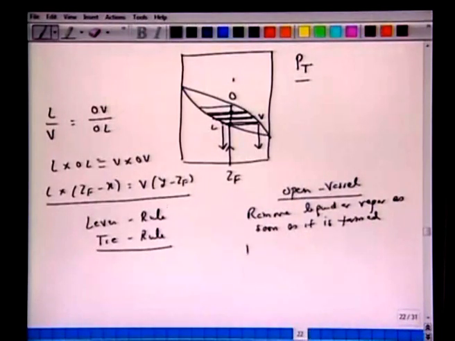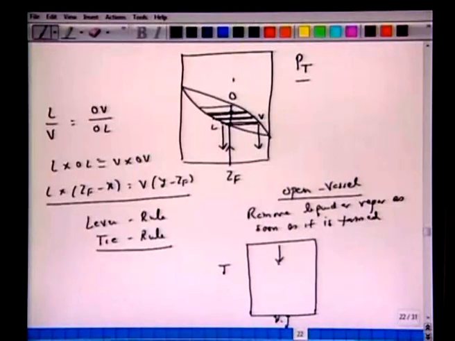It's not difficult to understand that now we have this T x y diagram. If we start with a vapor, suppose it condenses here, that's your first dew point, and remove the liquid. Now further cool it. Now we have the locus which will go like this, because you are removing the liquid as soon as it is formed. So there is no liquid here. Of course, there is a phase separation.